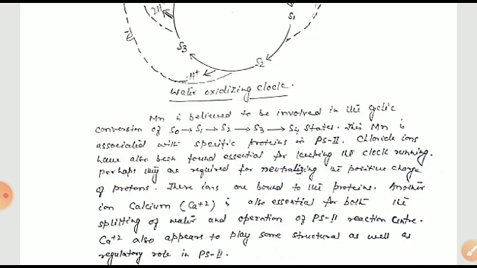Chloride ions have also been found essential for keeping the clock running. Perhaps they are required for neutralizing the positive charge of protons. These ions are bound to the proteins.